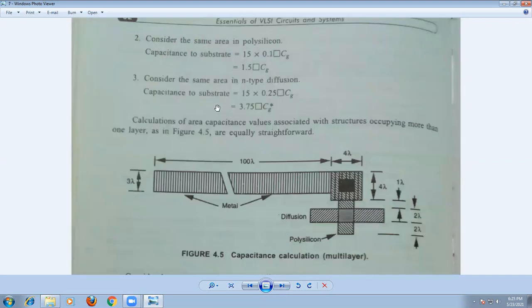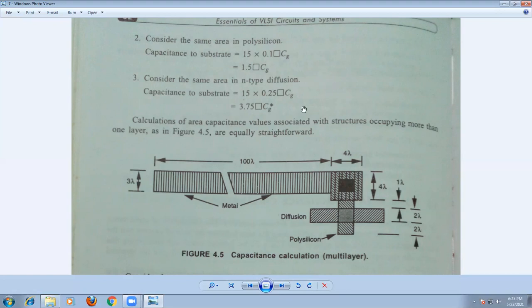So the capacitance to substrate is 15 multiplied by the relative value 0.25, the relative value of the poly to diffusion or thin-ox layer, in square Cg. So the value is equal to 3.75 square Cg, right?